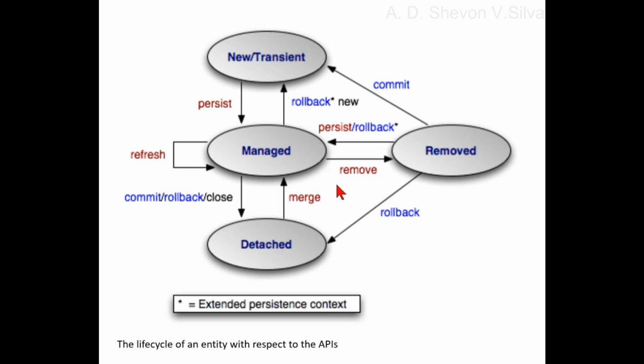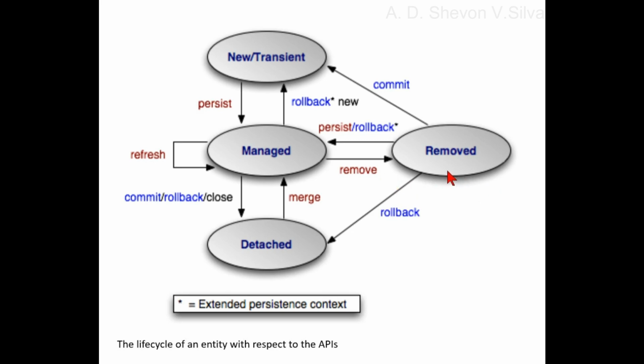If X is a managed entity, the remove operation causes it to become removed. The remove operation is cascaded to entities referenced by X if the relationships from X to these other entities are annotated with cascade equals remove or cascade equals all annotation element value.